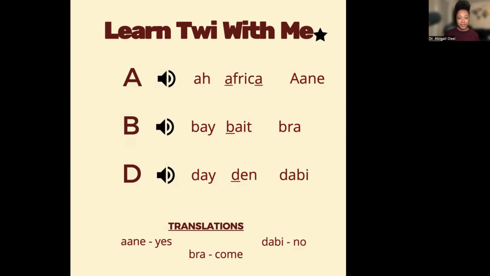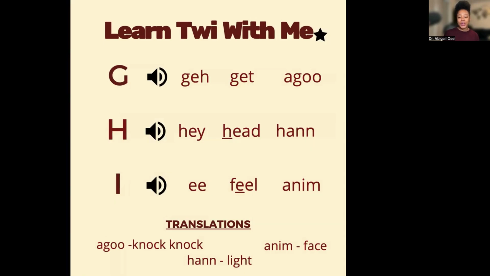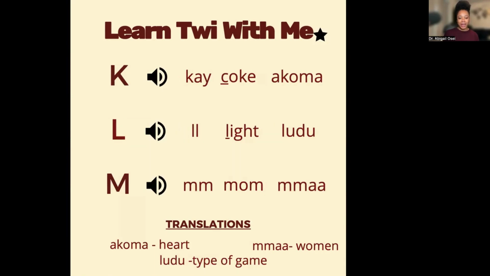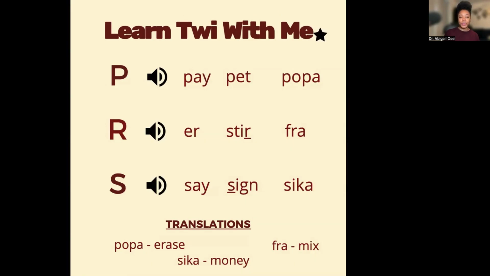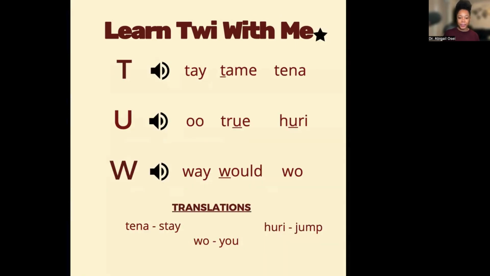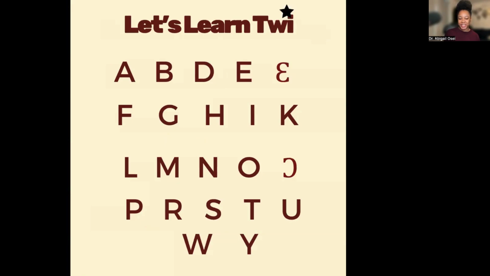Ane, bra, debi, efie, firi hɔ, ago, hann, anim, akoma, mmaa, nanso, ɔno, popa, fra, sika, tena, huri, wo, yo. How did you do?